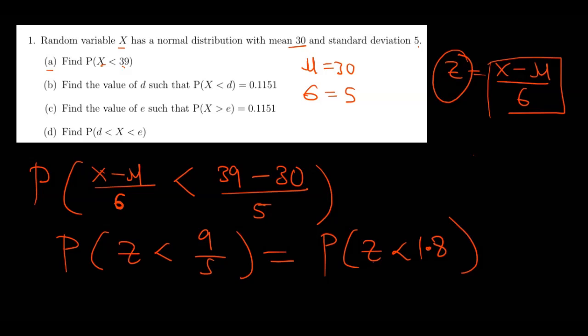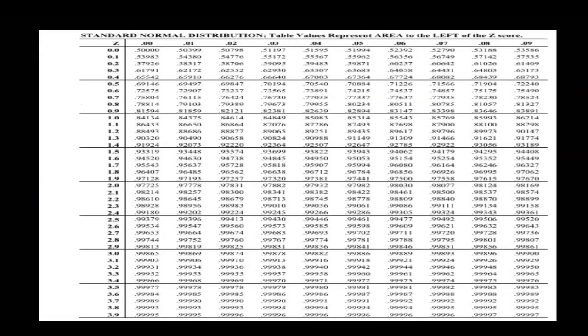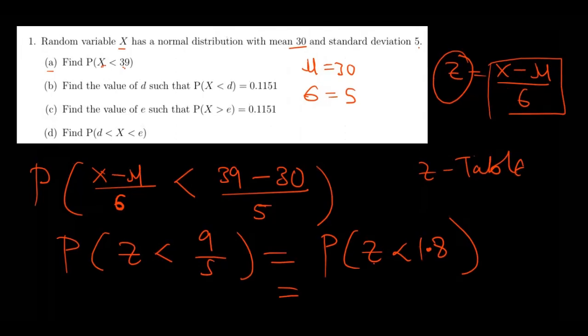So how can we find this probability? We go to the z table, or the z-score table. So I have it here. We want the probability that z is less than 1.8.